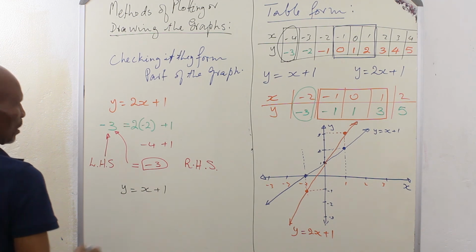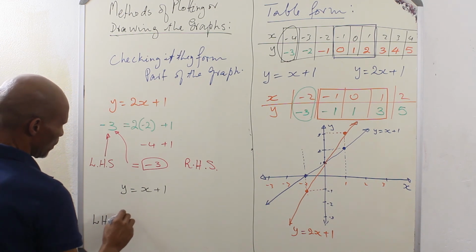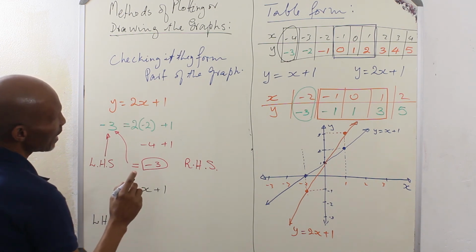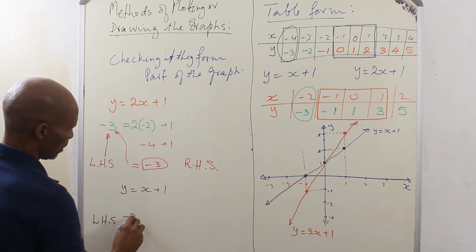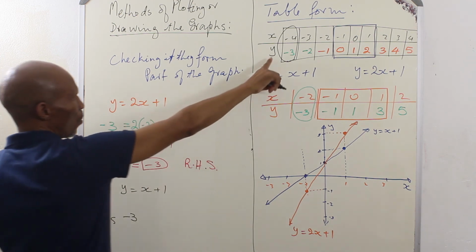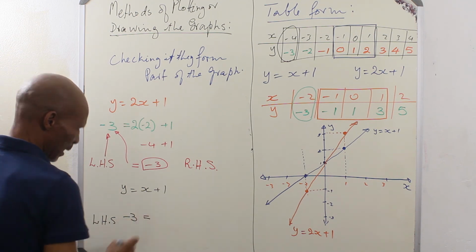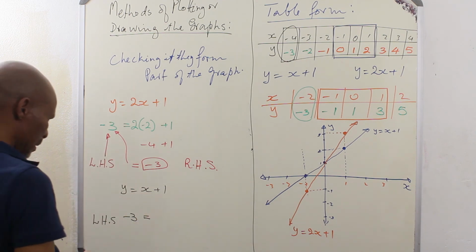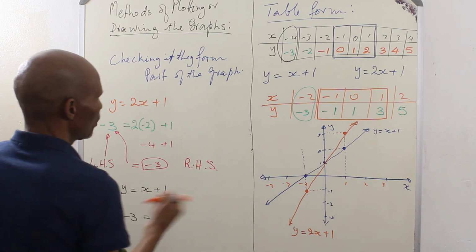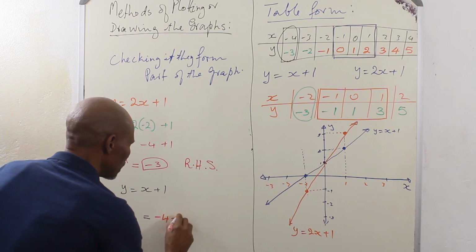Our left hand side is y, which is minus 3. Equals to, let's look at the right hand side, where x is minus 4 plus 1.